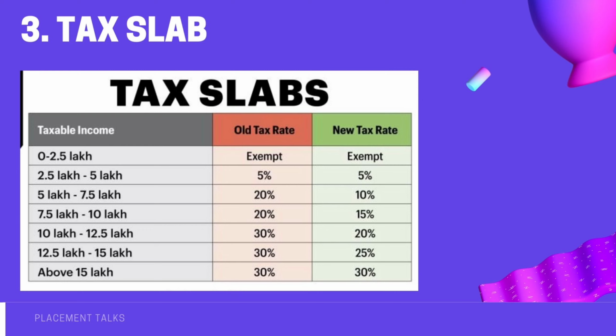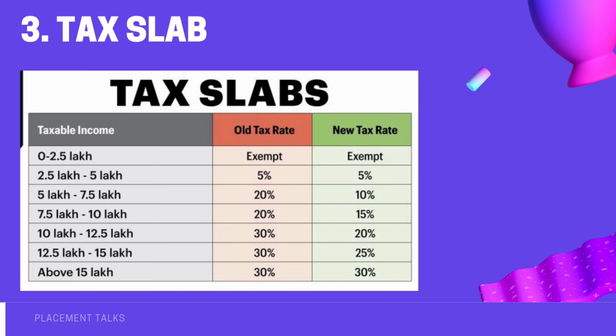So depending upon our benefits and our choice, we can choose the old tax rates or the new tax rates. Depending upon your salary income, we can check under which tax slab we will be coming, and we can calculate the total tax. To simplify this, I will take an example and explain the total tax. So let's see that example later.